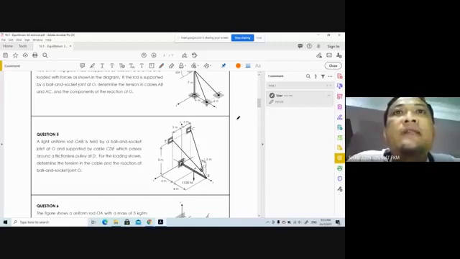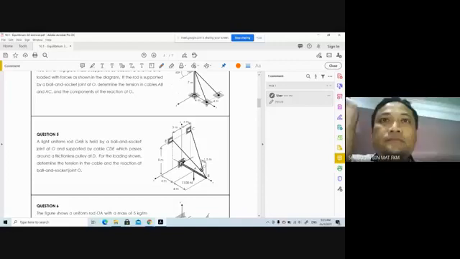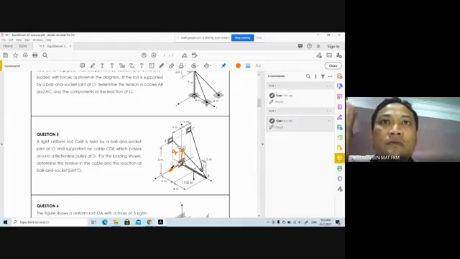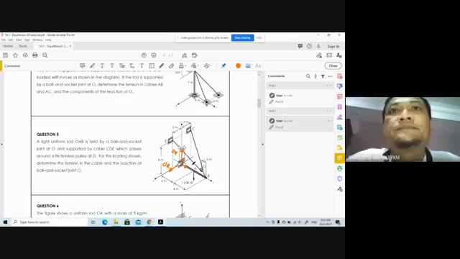So how many forces are there? This is OX, OY, and OZ.